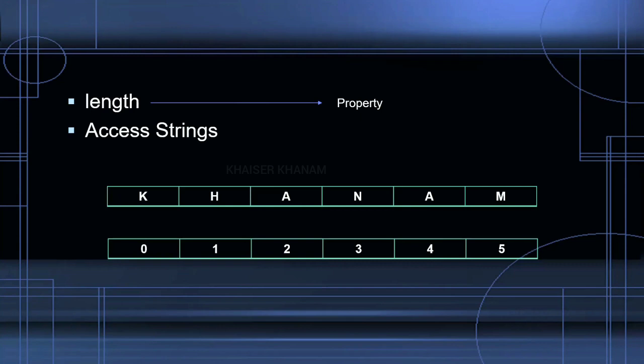We are going to see that. It will be the same as accessing using arrays, as we have seen in the previous session. In the same way, we can access individual letters in strings using this index number, and the index number starts from 0.